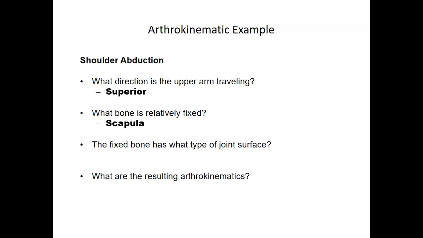The fixed bone has what type of joint surface? Concave. So what are the resulting arthrokinematics? If this is my motion, what direction is the moving bone moving in? Superior. It is a convex on concave, so what direction is my glide? It's opposite, so it would be inferior.